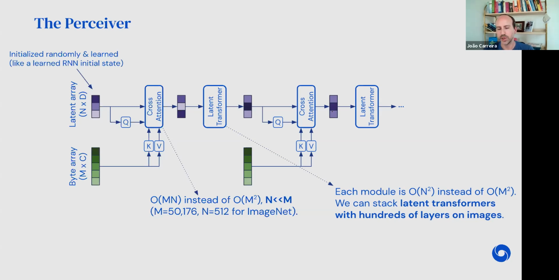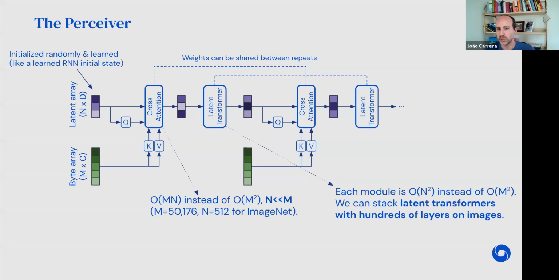This iterating is particularly useful if the latent array is much smaller than the byte array. If it's a significant bottleneck, it makes sense for the model to be able to attend again to the inputs, informed by the computation it did already. And finally, if you have a very, very big model and your dataset is not as big, it makes sense to share the weights between these repeated cross attentions and basically have fewer weights and overfit less.